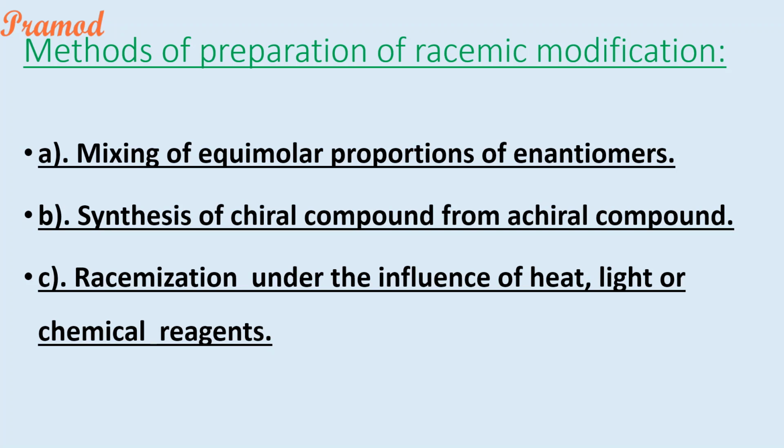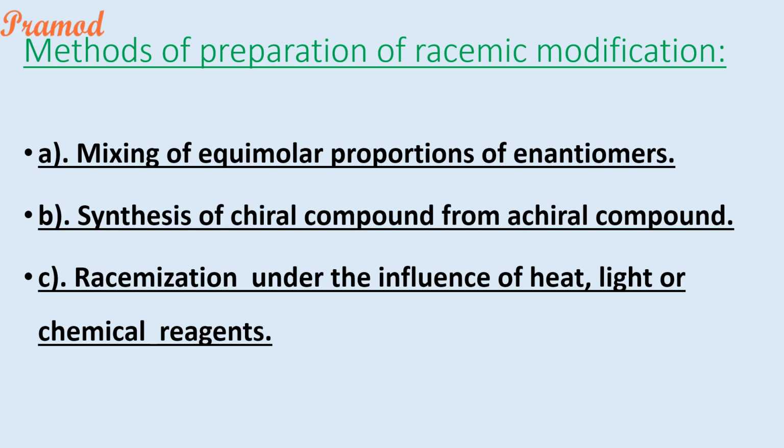Next is synthesis of a chiral compound from an achiral compound. Let us take an example: you have a carbonyl compound and you react it with a reagent to form an alcohol. A carbonyl does not contain a stereogenic center, but when it gets converted into an alcohol, you get a stereogenic center. So there are two possible configurations that can be attained.